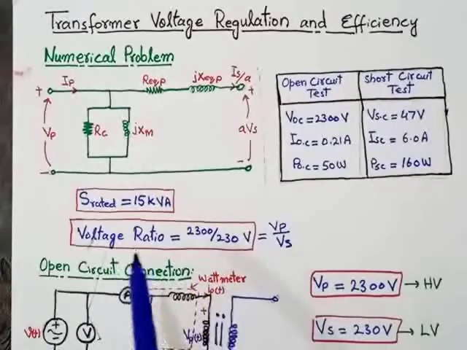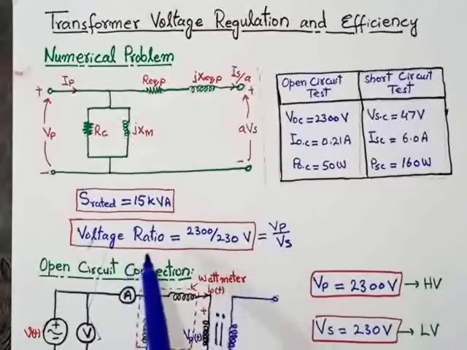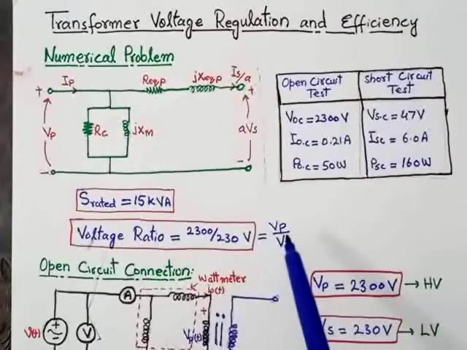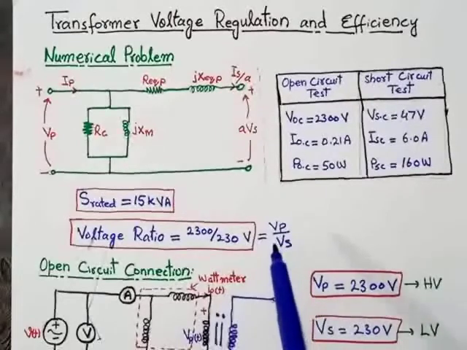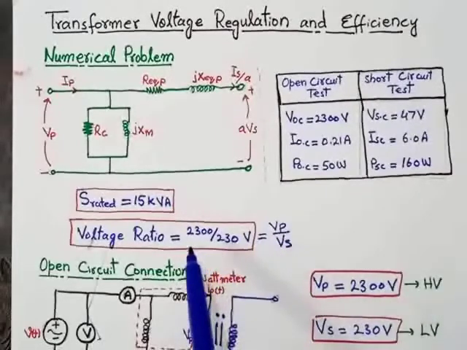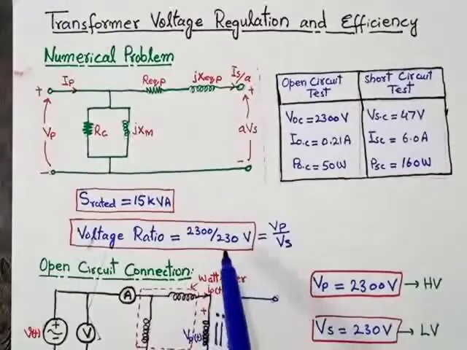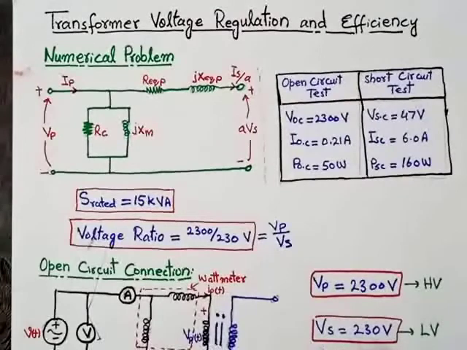As we know, voltage ratio is equal to primary voltage divided by secondary voltage. So Vp is equal to 2300 volt and the secondary voltage is equal to 230 volt.